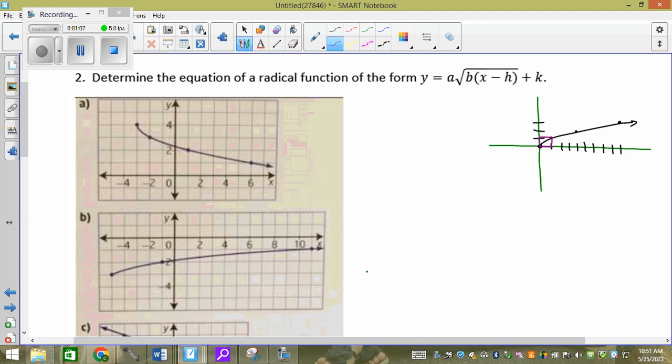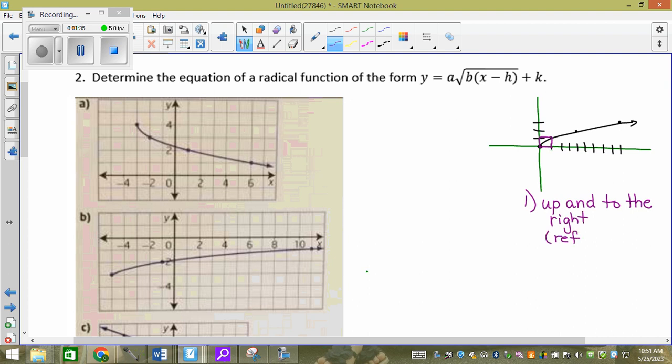Okay? So how do we figure out horizontal and vertical translation? Is it on 0, 0? No. Then there's a horizontal and a vertical. If it's not up and to the right, there's a reflection. And if it doesn't make a 1, 1 box, there's a stretch. So those are the 3 things we look for when we are doing an equation. One, is it up and to the right? If not, we have a reflection.